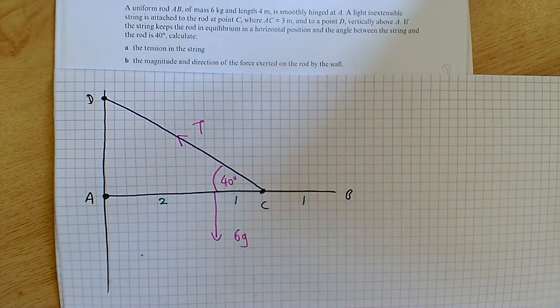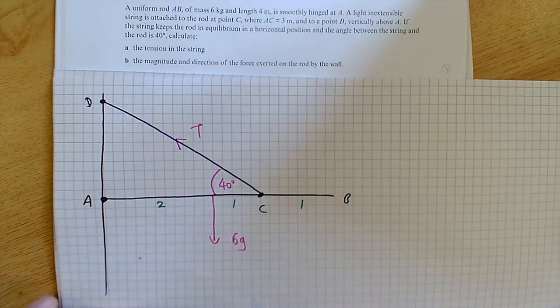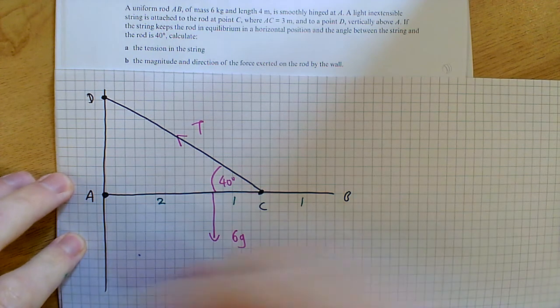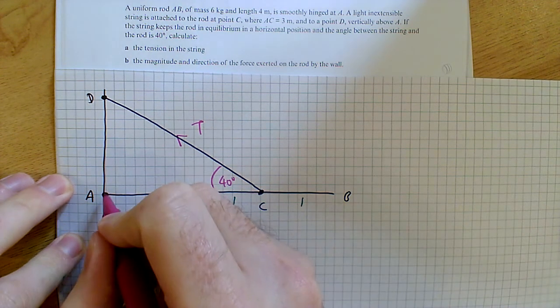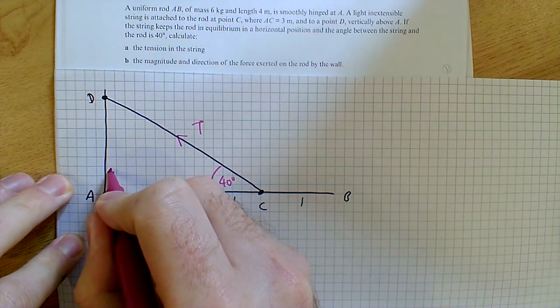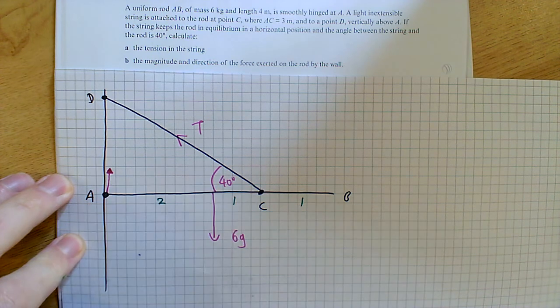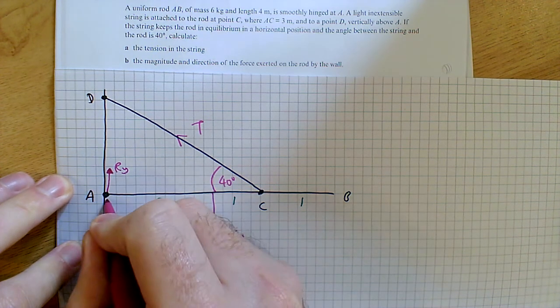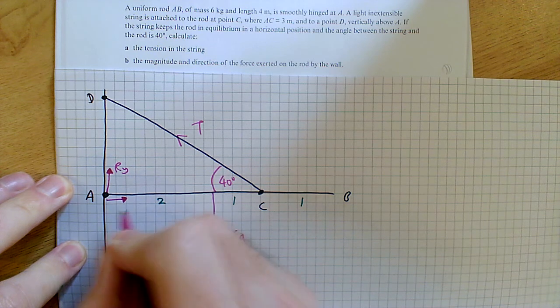And the hinge assumption gives us that the force can be in any way that's required to keep this stationary at this point, and stop it moving up or down as well. So the easiest way to do these hinge questions, rather than drawing a force at an unspecified angle, is to split it into 2 elements. I'm going to have a vertical force, so I'll call this Ry, and I'm going to have the horizontal force, Rx.